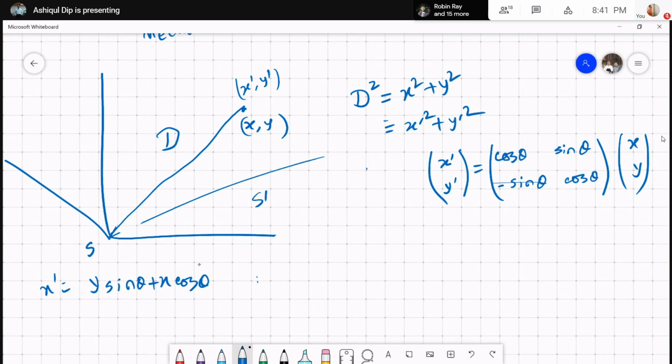So it gives rise to an important concept of scalar quantities. Scalar quantities are those things that have a number associated with them, and when you change the coordinate, that number doesn't change. Say you have a temperature like 30 degrees centigrade over here. Even if you rotate the coordinate, that 30 degrees centigrade doesn't change.